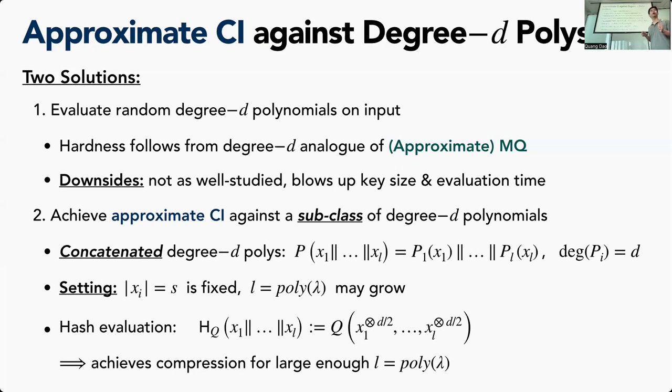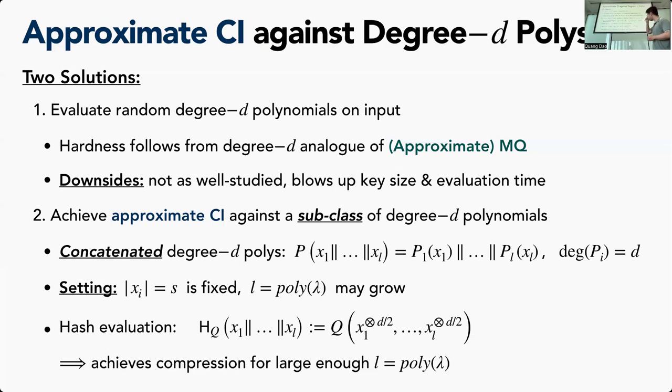And the reason why this works is that if you chunk up the inputs into many small chunks, then your function does not blow up as much. And so when you apply your quadratic evaluation here, you can still achieve compression for the hash function.